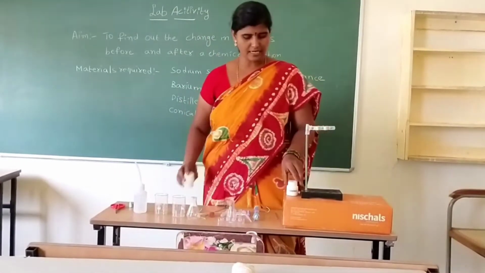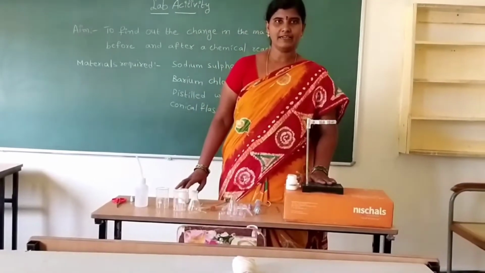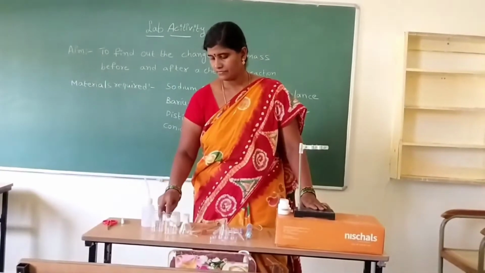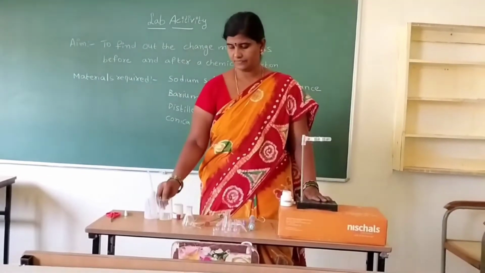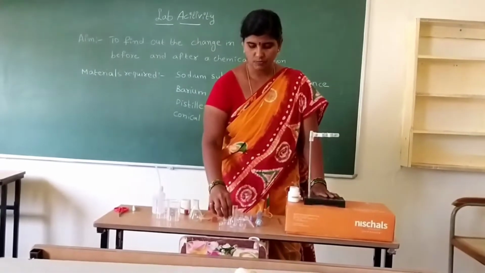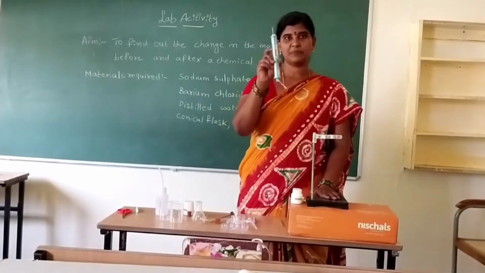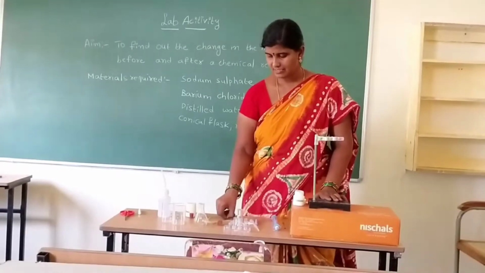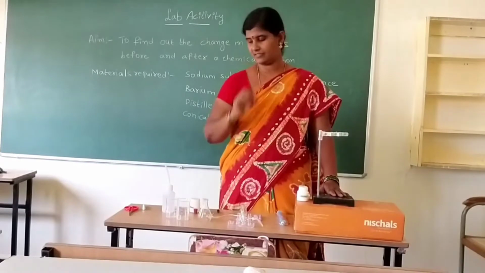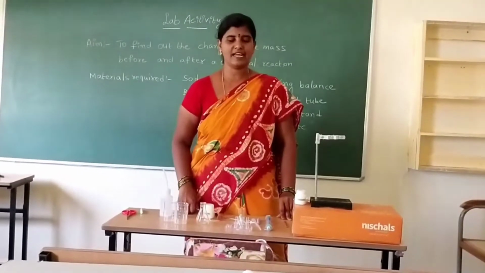Sodium sulfate salt, barium chloride salt, retort stand, wash bottle with distilled water, 2 beakers, conical flask, small test tubes with the test tube stand, spring balance, spatula, rubber cork, etc. So let us start our activity.